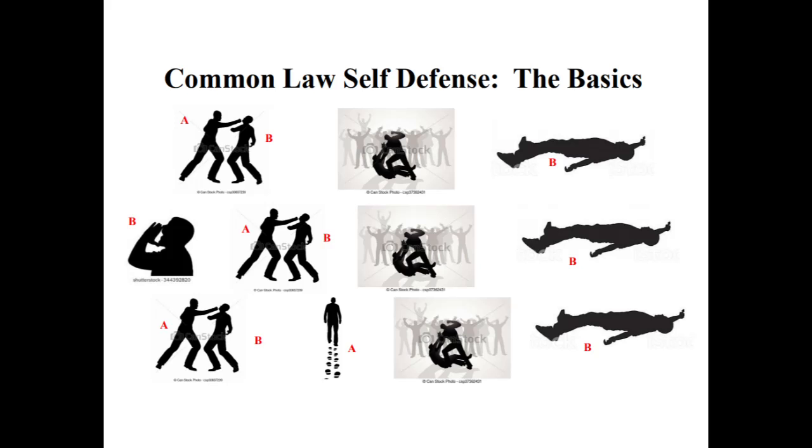So initially, A generated the scenario that required self-defense, and so he forfeits it. There was no need for self-defense if he hadn't acted the way he did. But once he has turned and walked away and attempted to withdraw, he has eliminated any cause for concern.